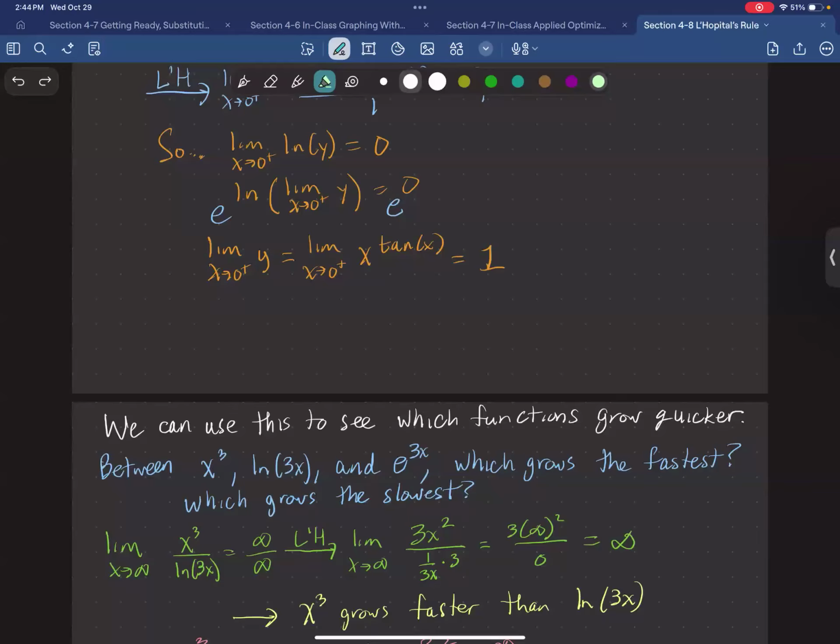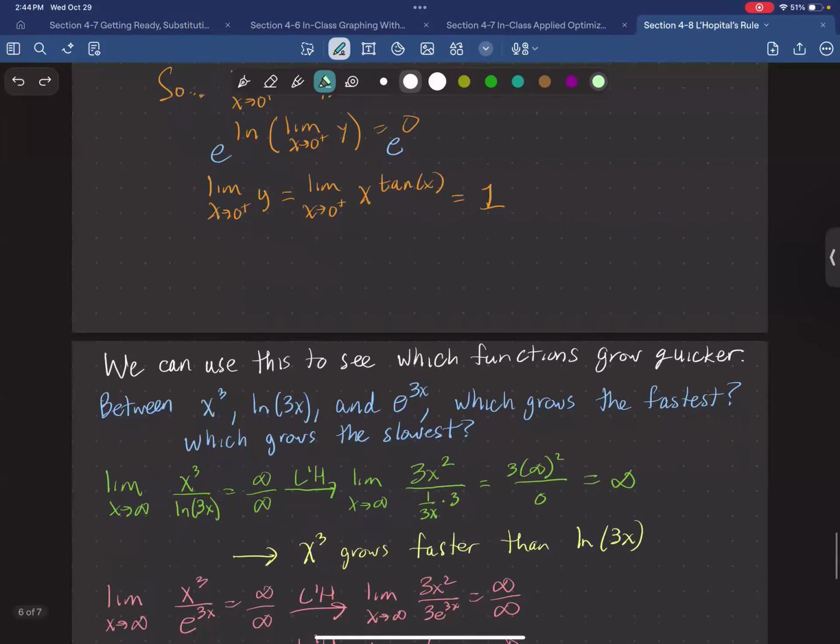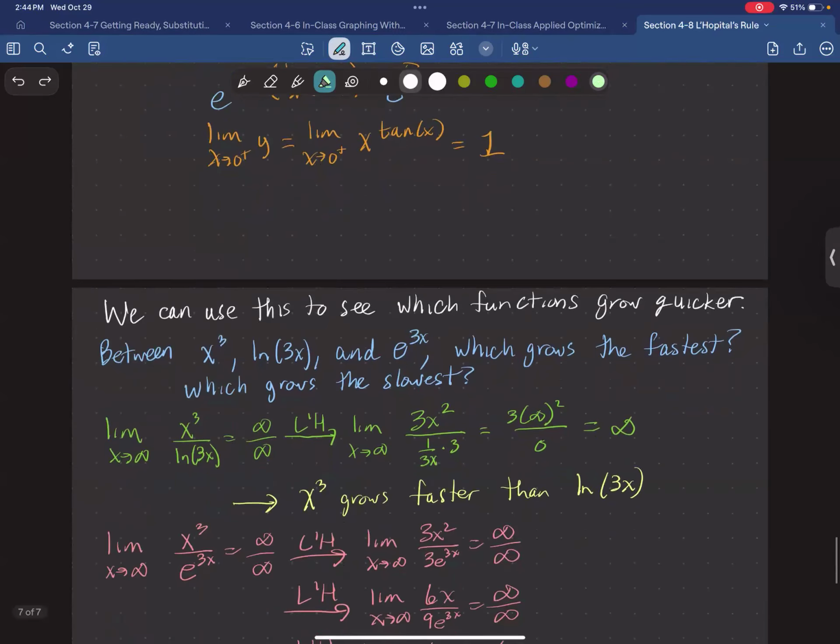Then I'm going to compare x cubed to e to the 3x. Limit as x goes to infinity, x cubed over e to the 3x. They're both infinity. I can take L'Hopital. The derivative of the top is 3x squared. The bottom is 3 times e to the 3x. Again, infinity over infinity. Another L'Hopital scenario.